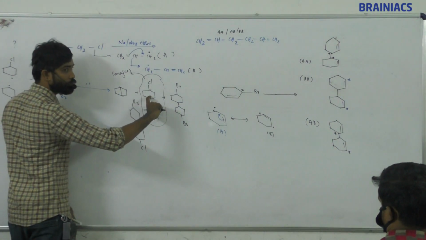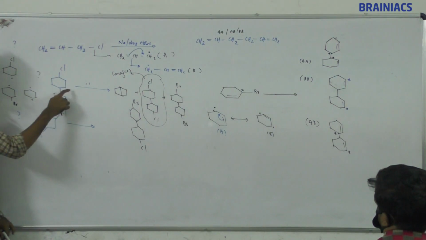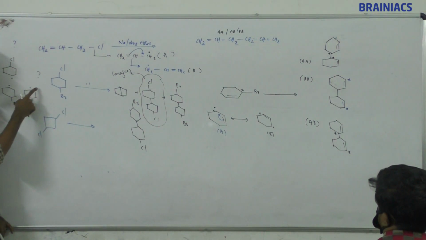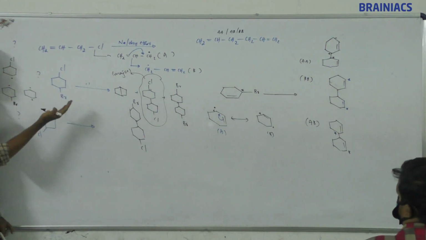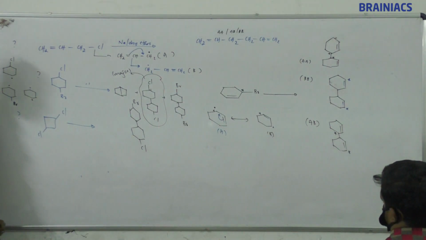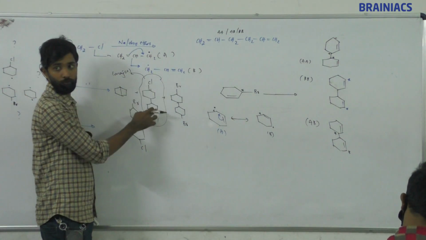For making this molecule, two CBr bonds are cleaved. For making this one, one CBr and one CCl are cleaved. If there are two, then two CBr bonds are cleaved for making two CCl. Which bond cleavage requires less energy? Carbon-bromine bond. Carbon-bromine bond is easily cleaved, easily broken. So it is very feasible to break two CBr bonds. So this may be the major.